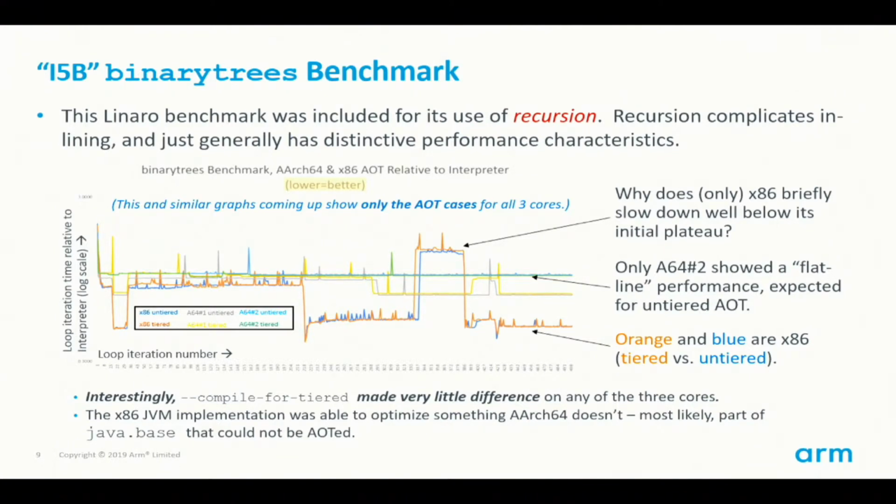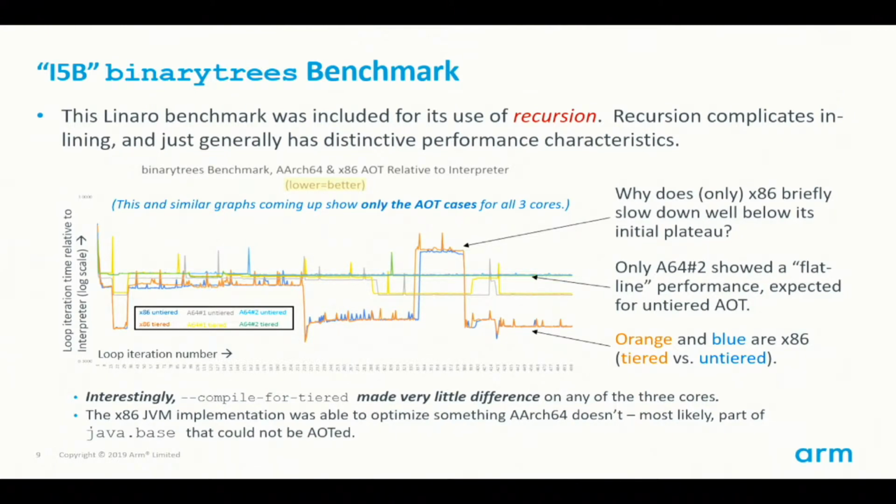It did not. Well, it's important to understand that although I AOT'd the entire benchmark itself, I could not AOT the entirety of java.base. If you look at JEP 295, like the one I was talking about earlier, it describes a procedure for how to AOT the java.base runtime libraries and so forth.